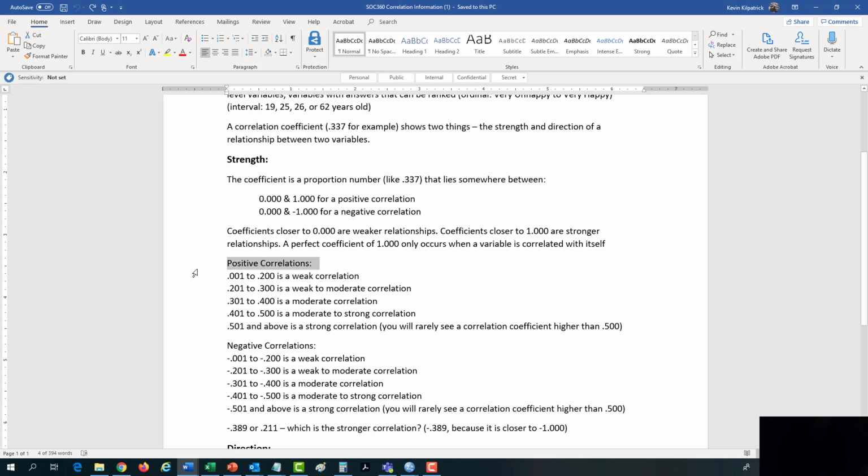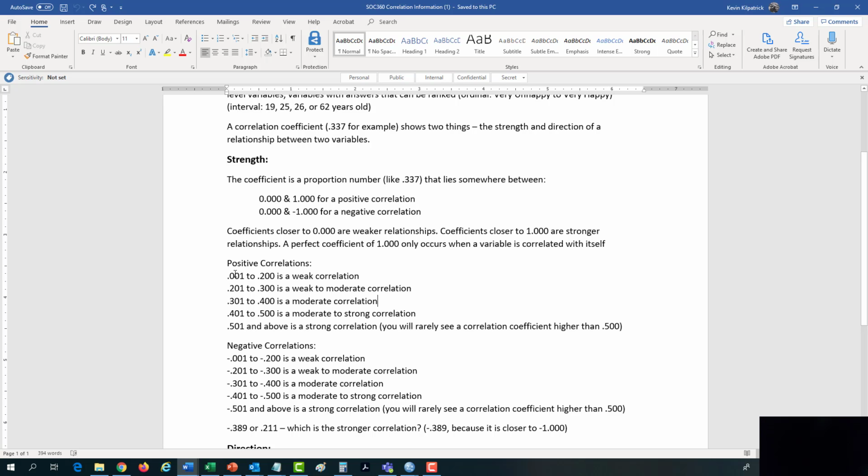Here is a nice little diagram about how to read the coefficients in a correlation matrix. You can have weak to moderate, moderate to strong, and anything above 0.500 is a strong correlation.